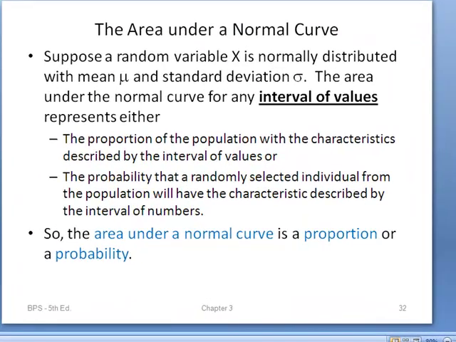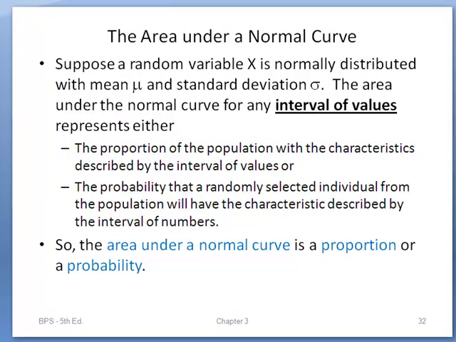And as I told you, we can say area under the curve, we can say the proportion under the curve, or we can say probability. These words you'll see somewhat interchanged. So suppose a random variable is normally distributed, or we are modeling it, and our model has a mean of mu and a standard deviation of sigma.